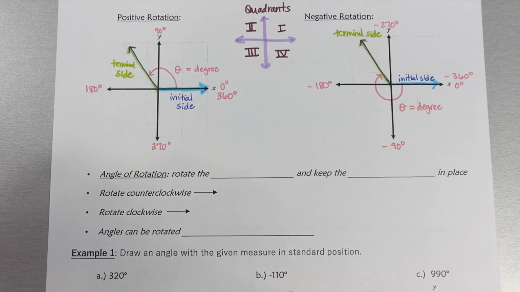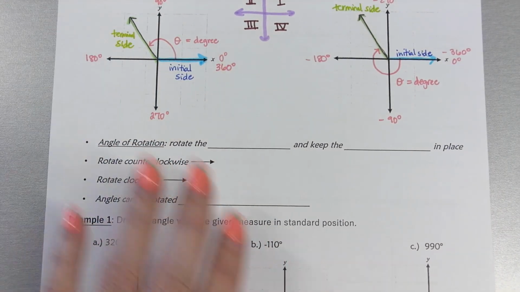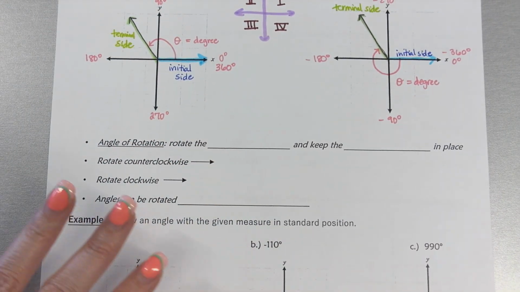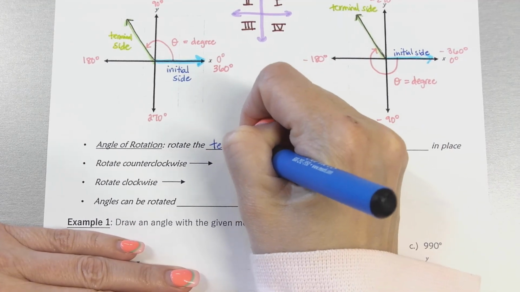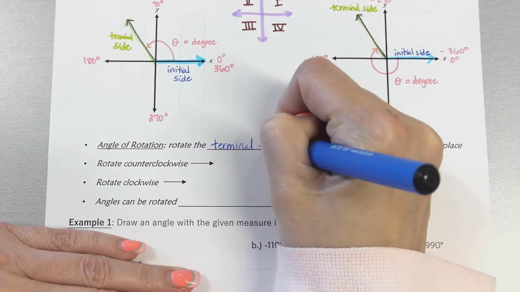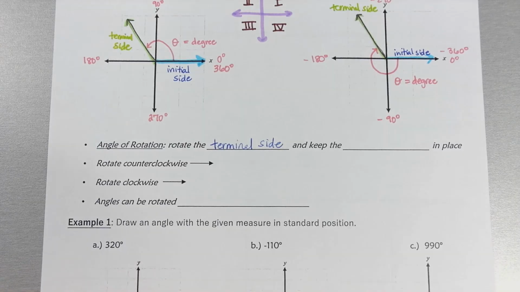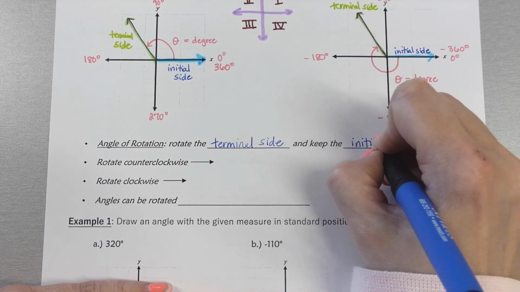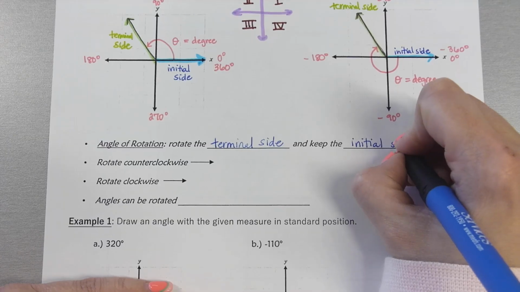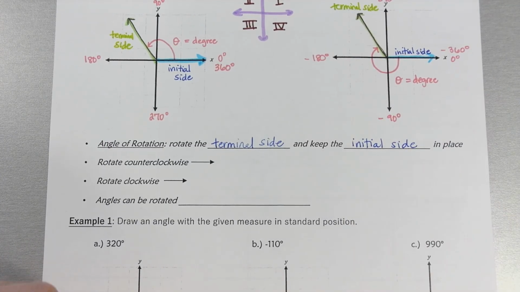So let's summarize. That's what we're going to do here. So the angle of rotation, you rotate the terminal side. Okay, so the terminal side moves, but the initial side, that's going to stay in place. So you're going to keep the initial side in place.